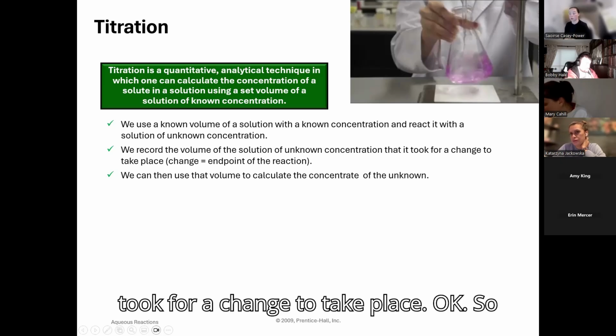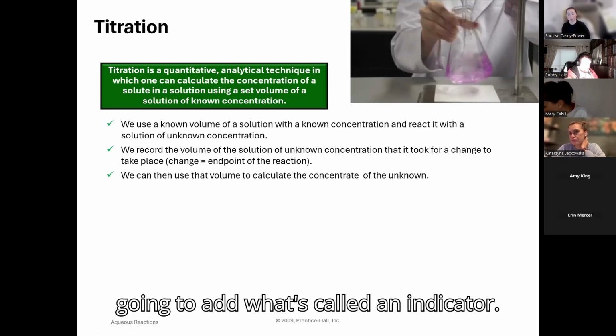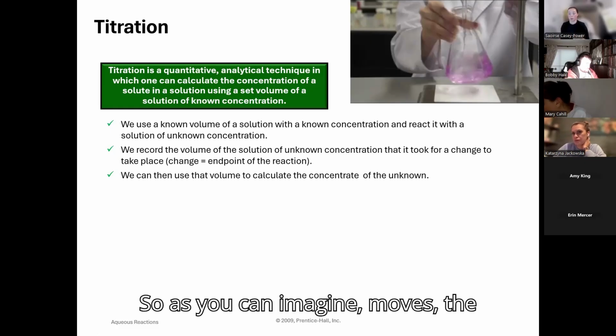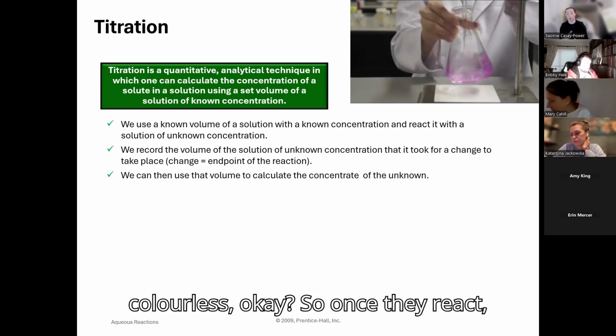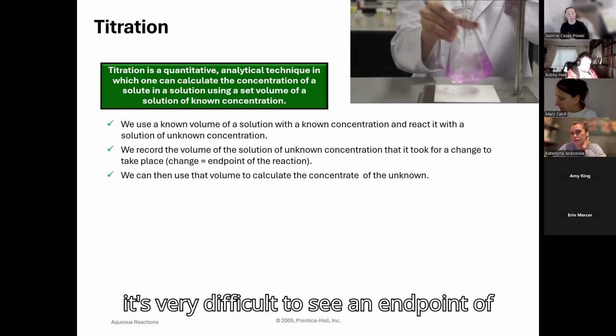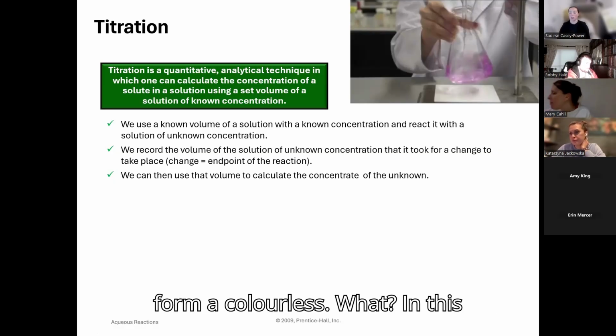Normally with the types of titrations we're going to be looking at, we're going to add what's called an indicator. As you can imagine, most of the chemicals that we work with are colorless. Once they react, it's very difficult to see an endpoint because it's only going to form a colorless product.